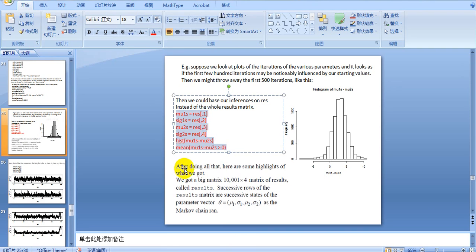Okay, so after doing all that, there are some highlights of what we got. We got a big matrix, something like this times 4, the matrix of results, where successive rows of the results matrix are successive states of the parameters of the Markov chain.